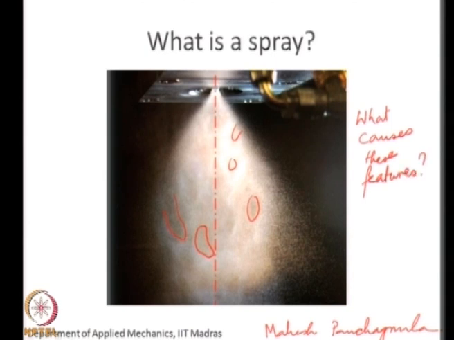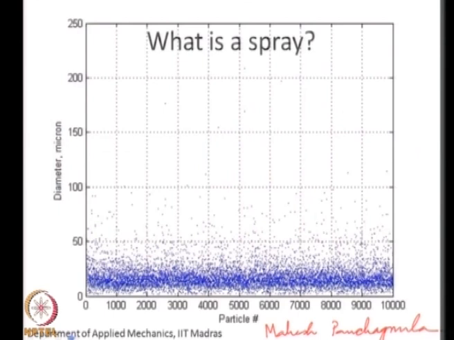And as we will see, what is the effect of having these kinds of features in an instantaneous snapshot. Now, I do want to mention a couple of things first as to what a spray is and some of the reasons for this unsteadiness. One, a spray by definition is very polydisperse.